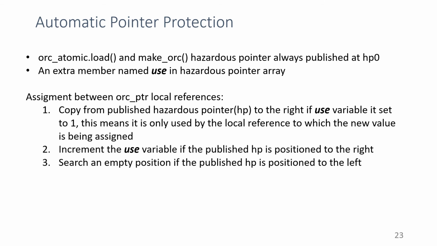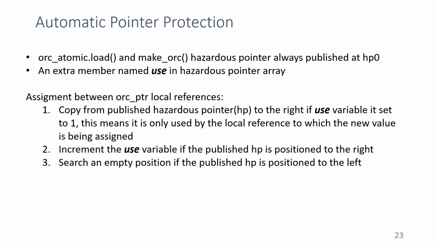To each arc pointer object is assigned an index in the hazardous pointers array. An assignment between arc pointers will copy the published hazardous pointer if it is to be done in the same direction of the scan in the retired method, and the use variable is at 1.